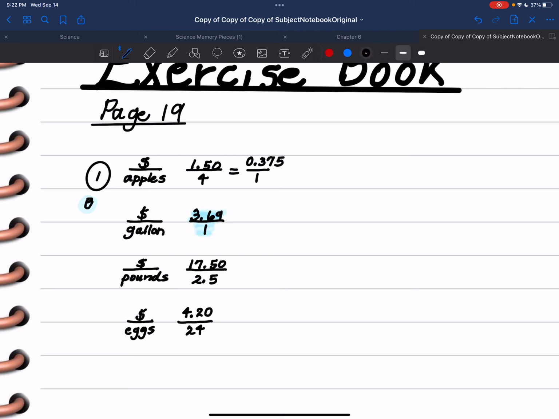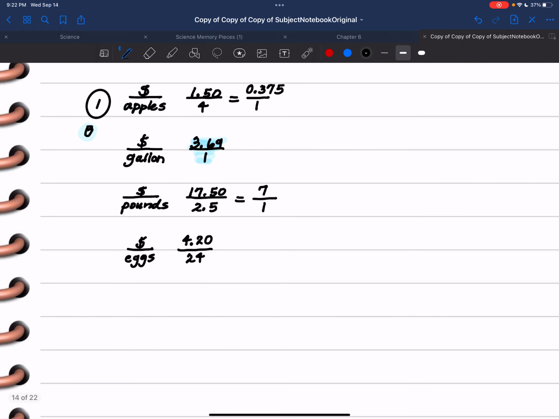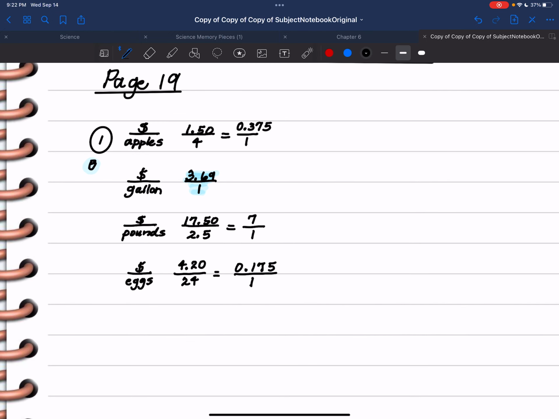This one, we want to break that down to a 1. So 17.50 divided by 2.5 is 7. So the fish is $7 a pound. And then 4.20 divided by 24 is 17 cents, 18 cents, we'll say, per egg, for 1 egg. So unit rates have a 1 as one of the units.